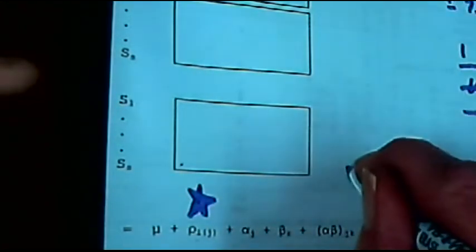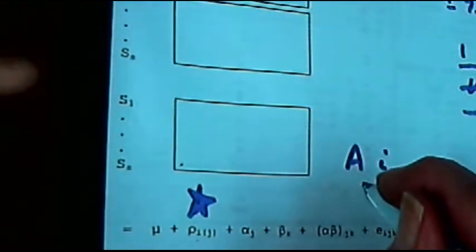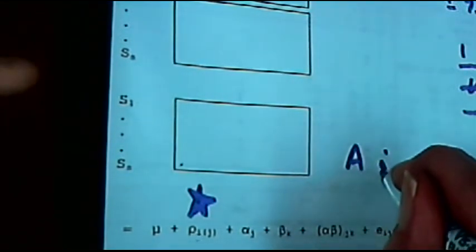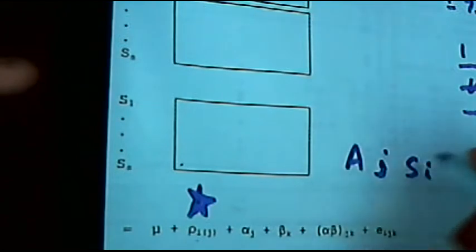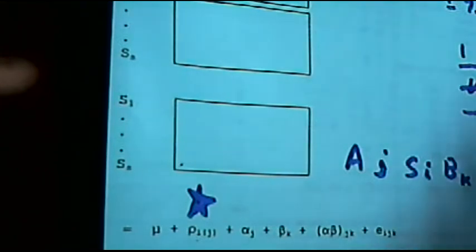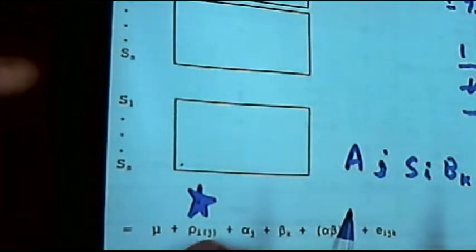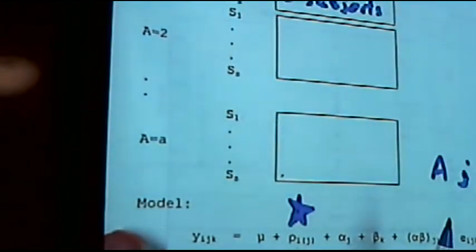Now, I guess A corresponds to I. No, A corresponds to J. Subjects corresponds to I. And then B corresponds to K. So we have row I nested in J. So what that's saying is that subjects are nested in factor A. And if you look at the situation, they are, right?